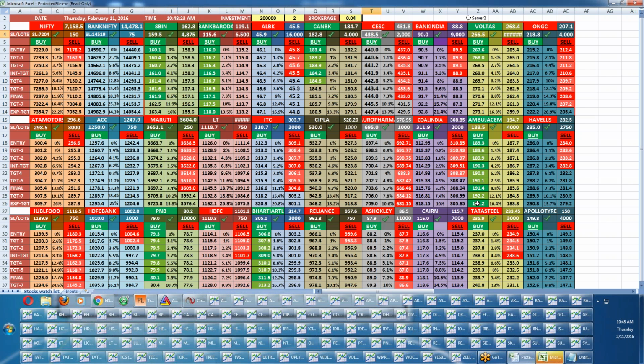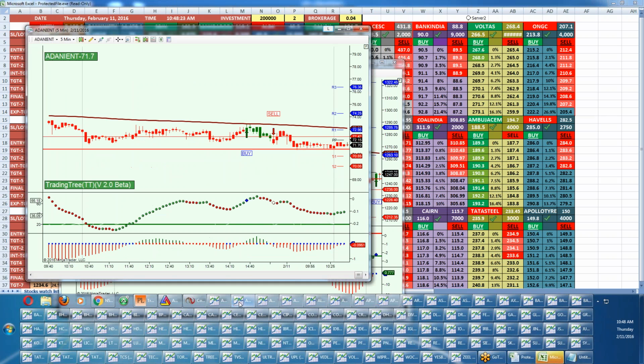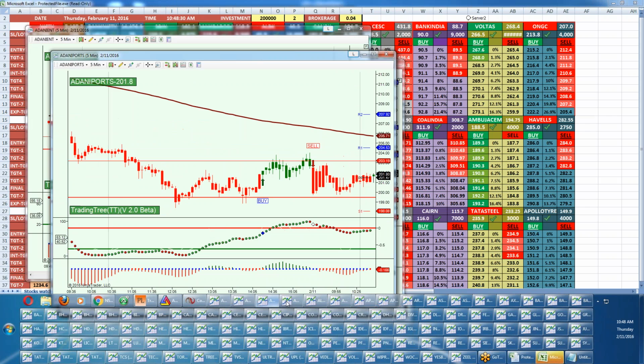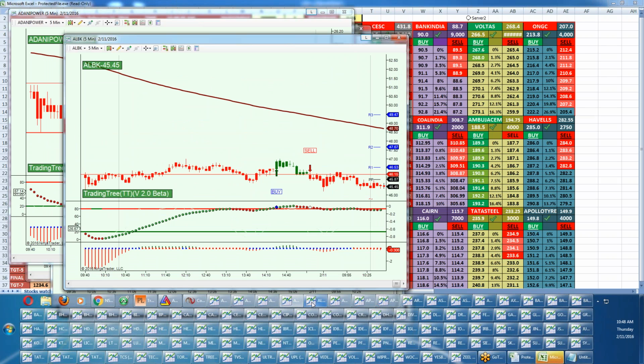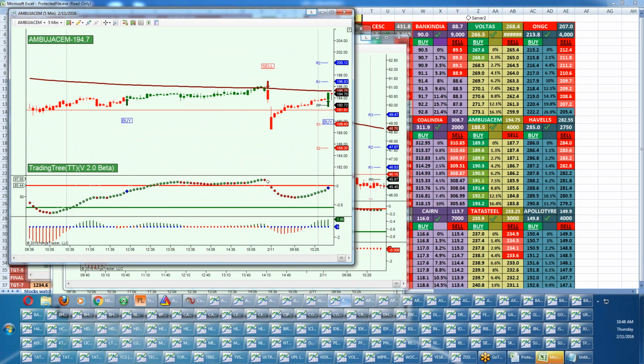Ambuja Cement, you can still wait because we have a buy call up there. In case it breaches this brown line, your next target will be 196 or even up to 200.